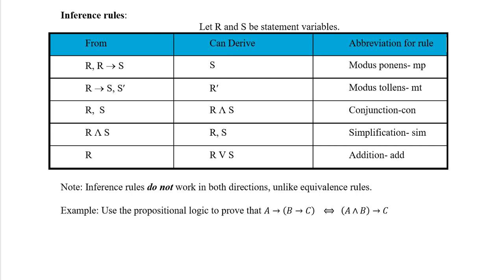And if you have R is true, then R or anything else is true. To remind you of the truth table, R or S is true if one of them is true. So if we know R is already true, you could add anything with the or, and it will be true.